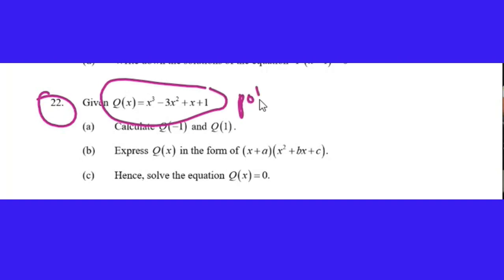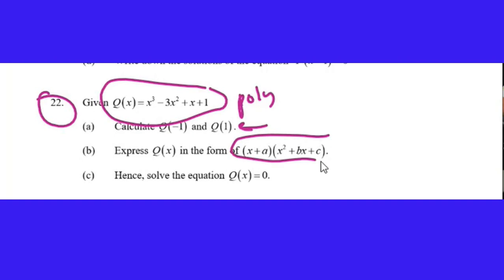Okay. Express Q(x) in the form of this one. So, x plus a, this linear. This is quadratic. Hence solve the equation, find root. Okay, so this is polynomial, then substitute.